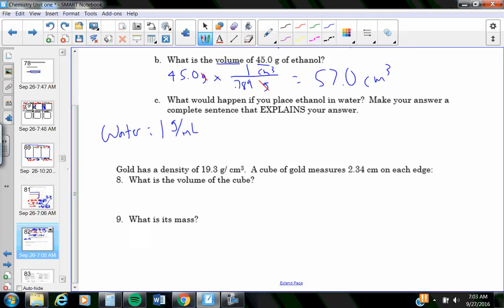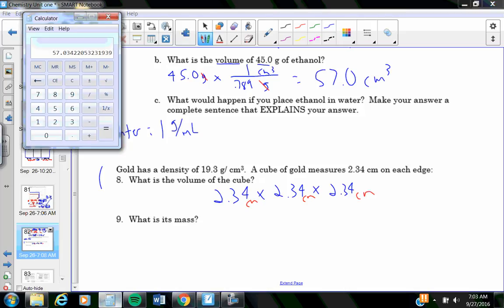Gold is a density of 19.3 grams per cubic centimeter. A cube of gold. Okay, so the first one is just a cube, 2.34 by 2.34 by 2.34. What's its volume? Just multiply those three numbers. Centimeters, centimeters, centimeters. 2.34 times 2.34 times 2.34.